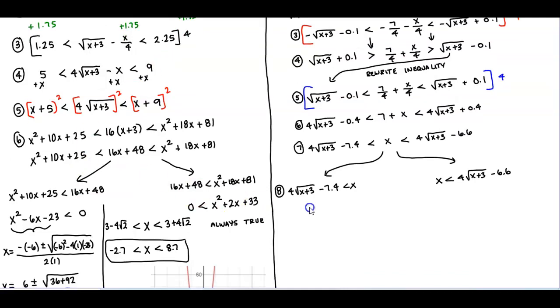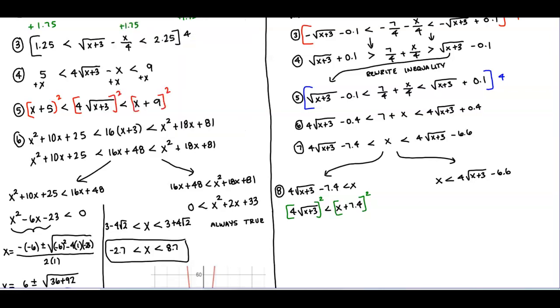Okay, so on the left-hand side, we can add the 7.4. So we have 4 times the square root of x plus 3, and that's less than x plus 7.4. Okay, and now we're going to square both sides of the inequality to get rid of the radical sign.